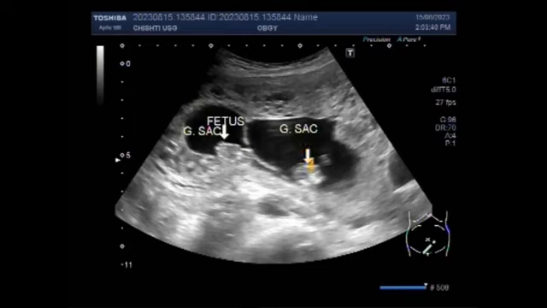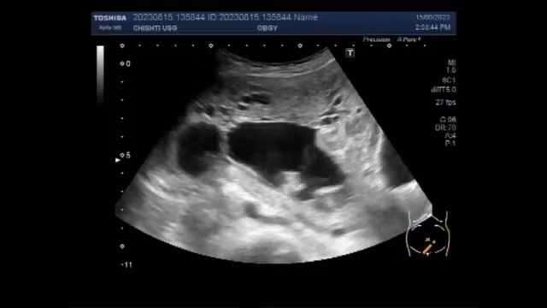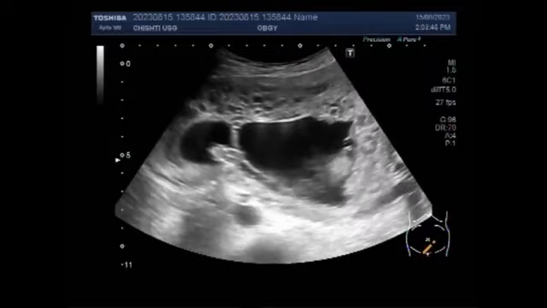You can see both the fetuses in the respective gestation sacs.